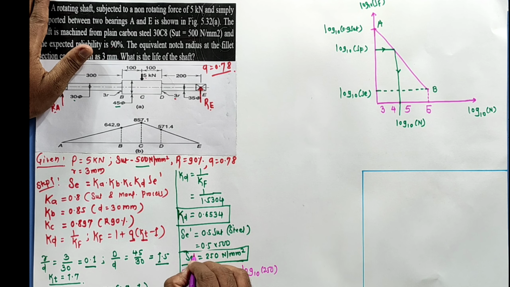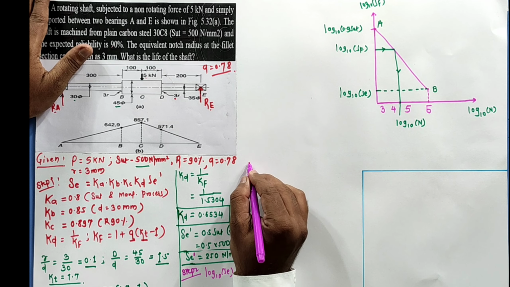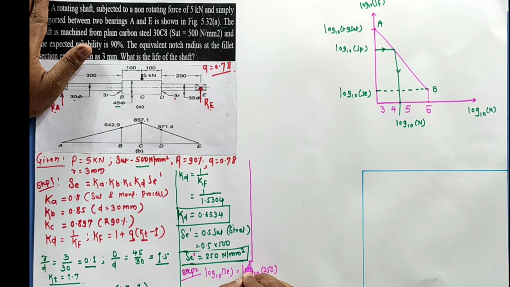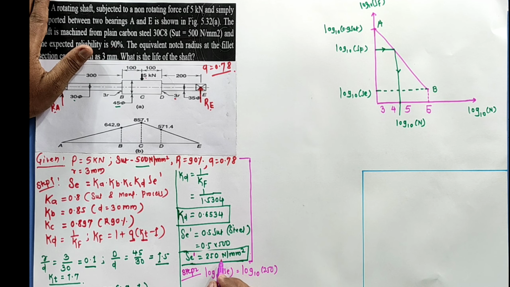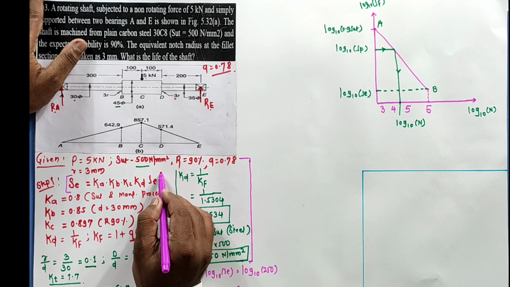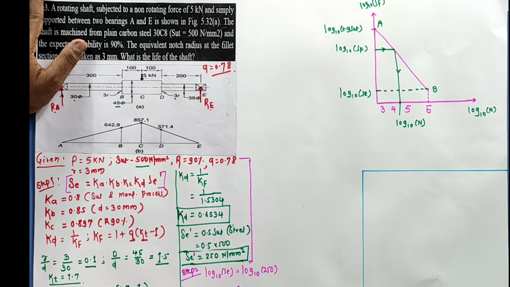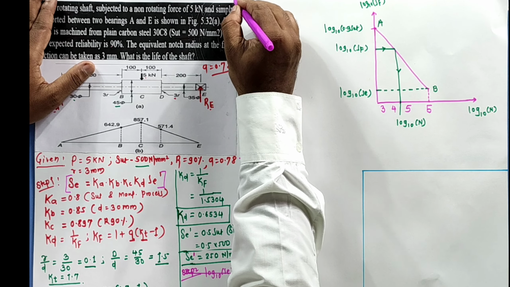Sorry, SE dash. Here is the SE dash. So after putting all the things, clear? Just wait. Here SE dash we will get. So Ka Kb, I will have to use this equation. That is, I'll write here SE is equal to K. Use log of step number 2.